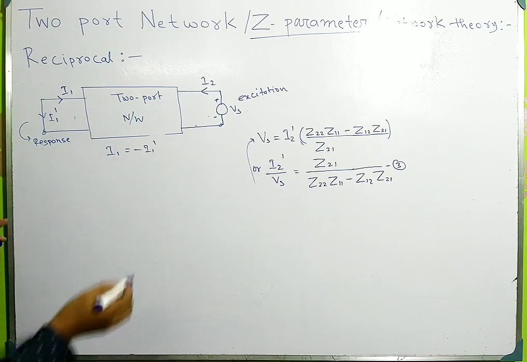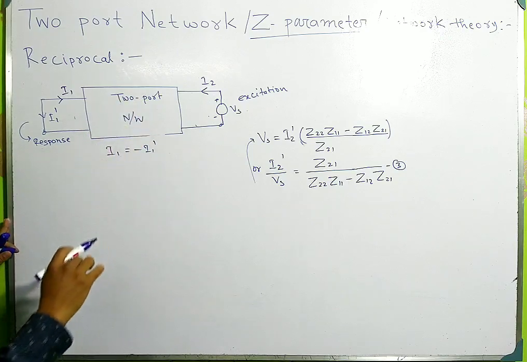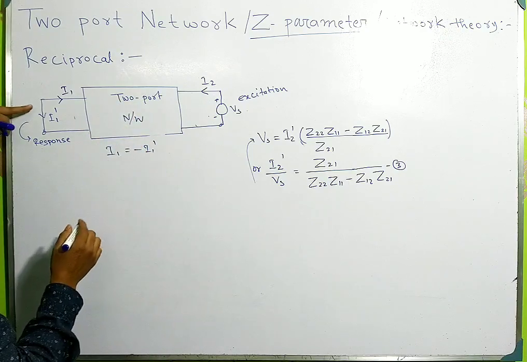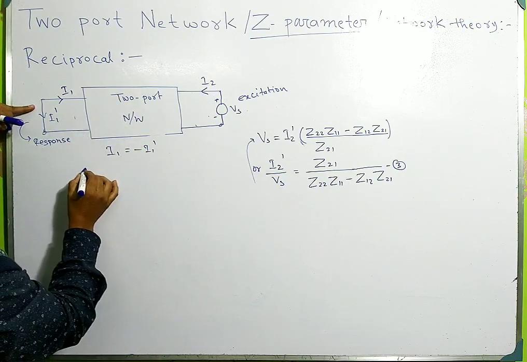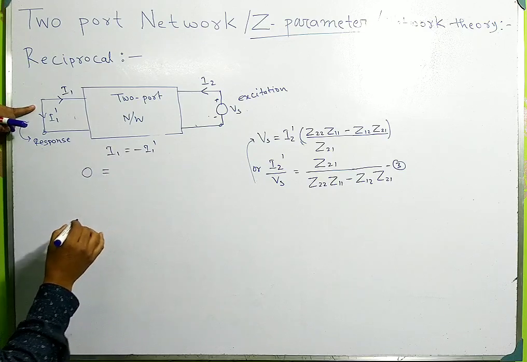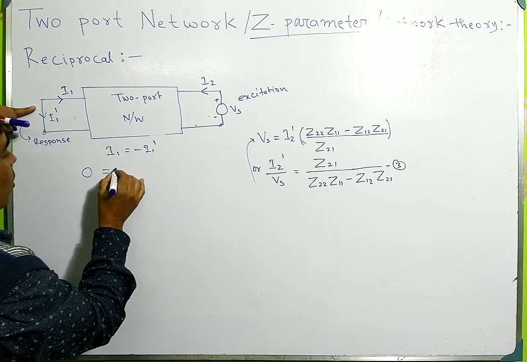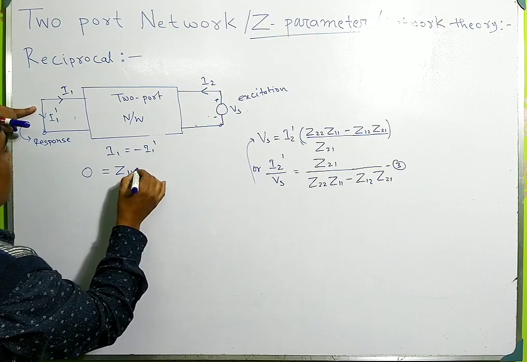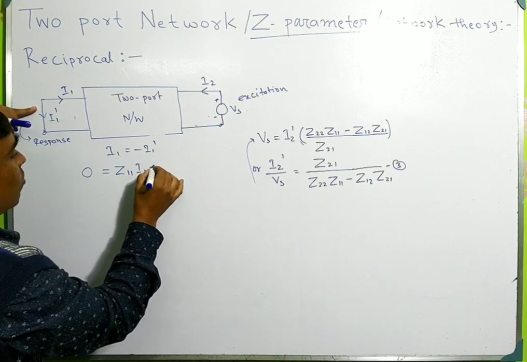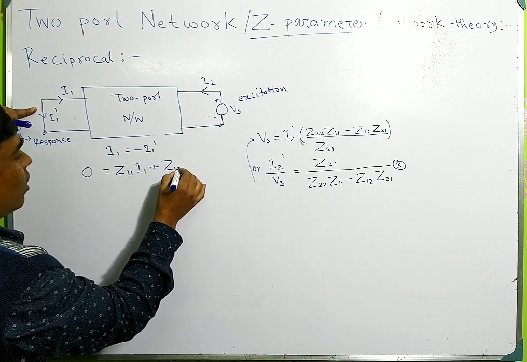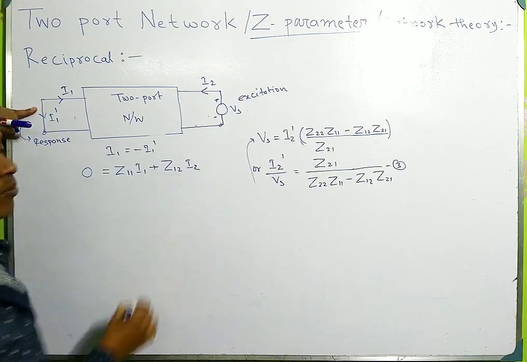In terms of Z parameters, this voltage is 0, so 0 equals V1 equals Z11 I1 plus Z12 I2.